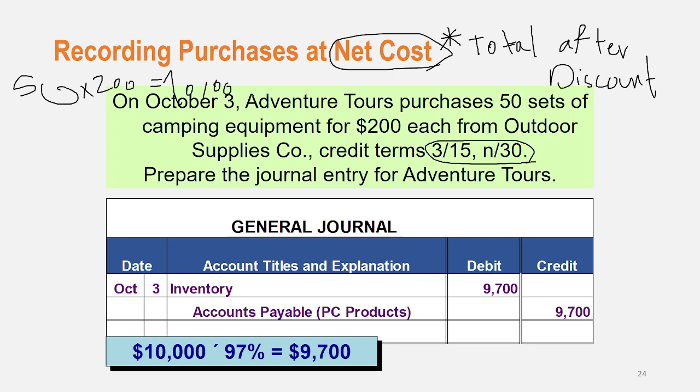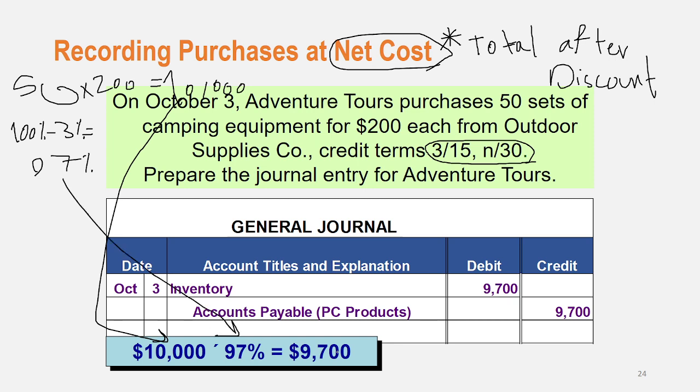And because we want to find the total amount after discount, we should find 97% of $10,000, because 100% minus the discount of 3% equals 97%. So $10,000 multiplied by 97% equals $9,700, which is the total amount after discount.